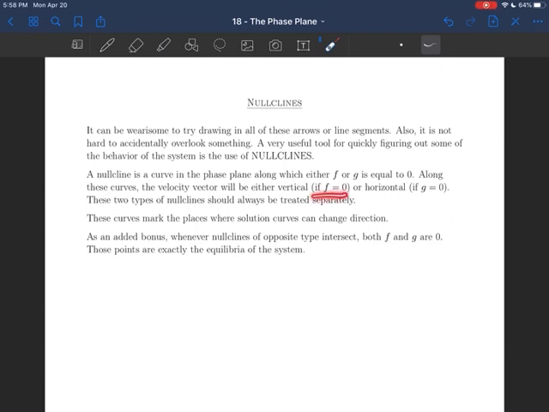A nullcline is a curve in the phase plane along which either f of x or g of x is equal to 0. So on these curves, the velocity vector is either going to be vertical, if f is 0, that means that the rate of change of x is 0, no left-right change. That means the velocity vector must be vertical.